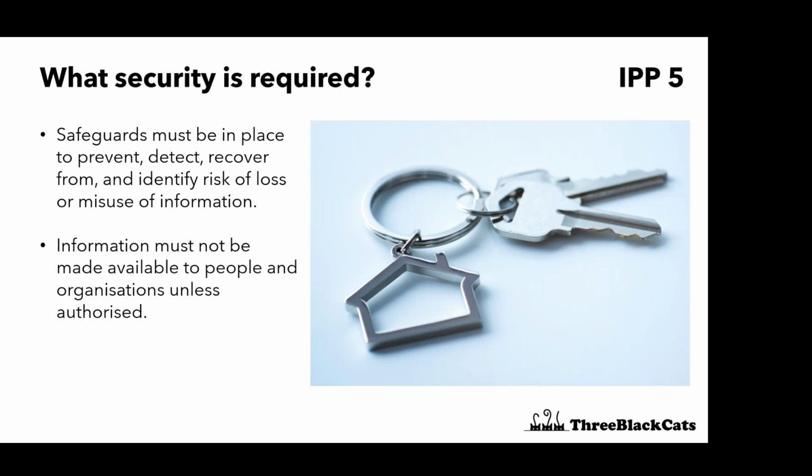Now, what security controls you need will very much depend on the information you hold. Okay, so the information about your health conditions, you would expect to be very, very well secured. It's hugely sensitive. We don't want anyone else to get hold of it. The information about, I don't know, where I went on Saturday, maybe less sensitive.